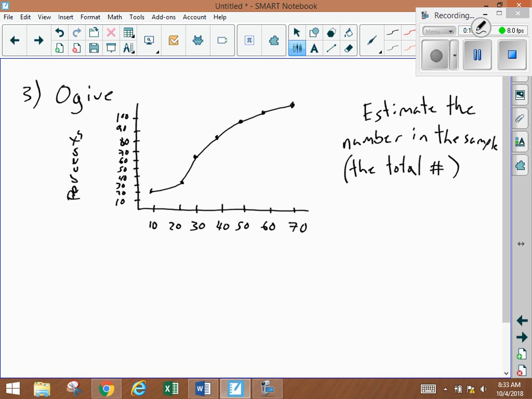How would I do that? Okay, so what is this saying? Let's look at this right here, okay? Let's say that it drops to 40, right? And then it's at 80. So it's saying that 40 is 80%. Or it's at the 80th percentile.